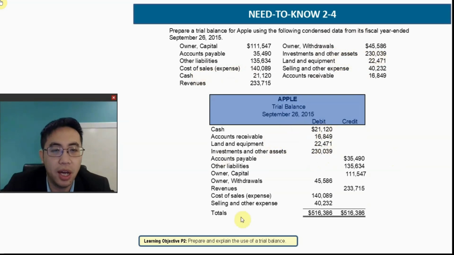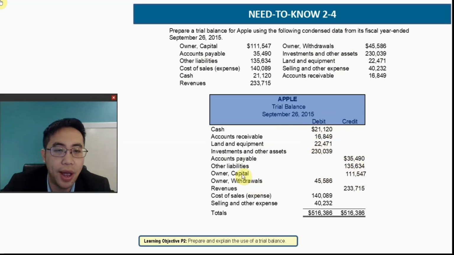And then you work on the liabilities. You have accounts payable and you have other liabilities. And then you have to make sure when these items change, those will be recorded as a credit, okay, because they are liabilities. And for assets, when they increase, they should be recorded as a debit.